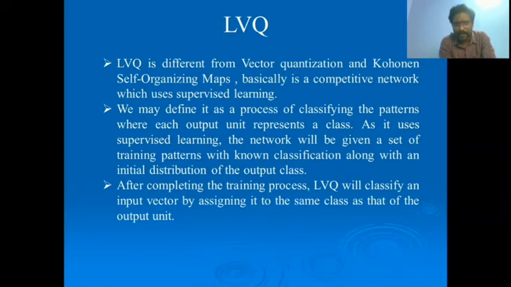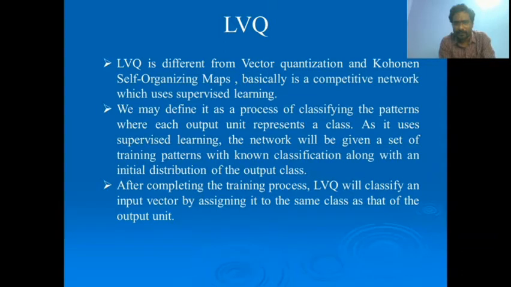So we may define LVQ, an acronym which stands for learning vector quantization. It is a process of classifying patterns where each output unit represents a class, and it uses supervised learning.